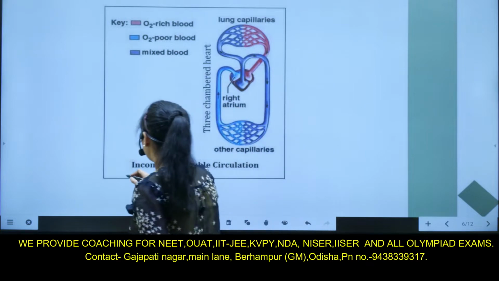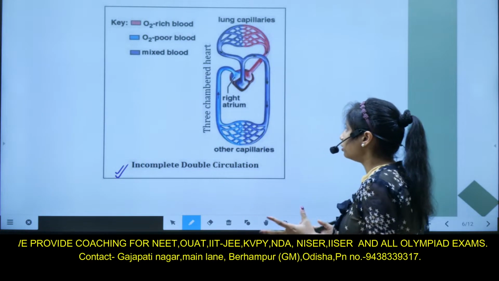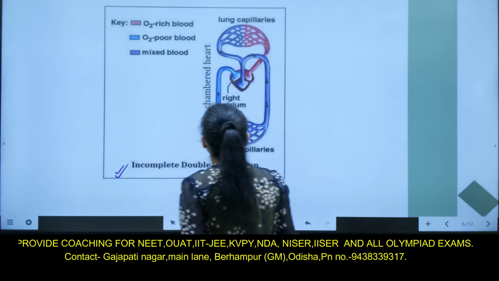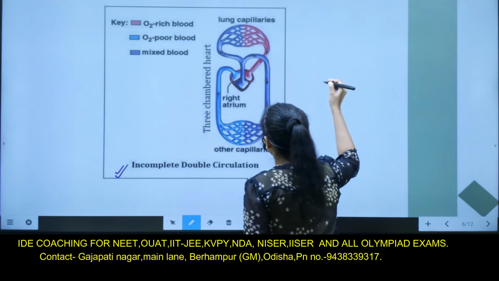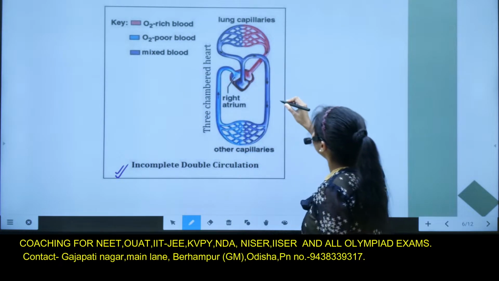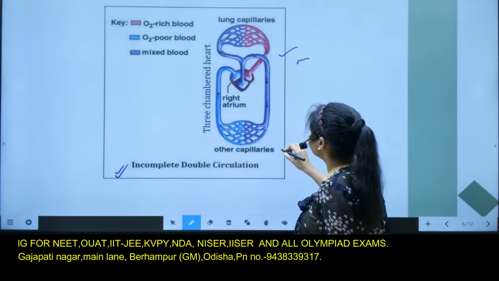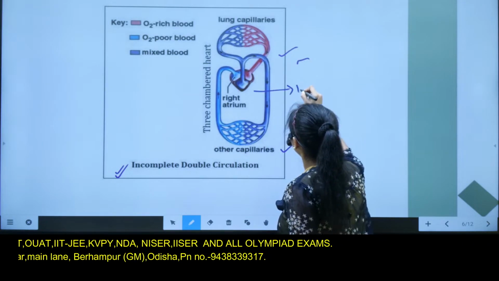And here is the incomplete double circulation, where the circulation doesn't occur in a complete way. So how does it occur? Here is the lung capillary, and here is the other capillary. Here is the heart.